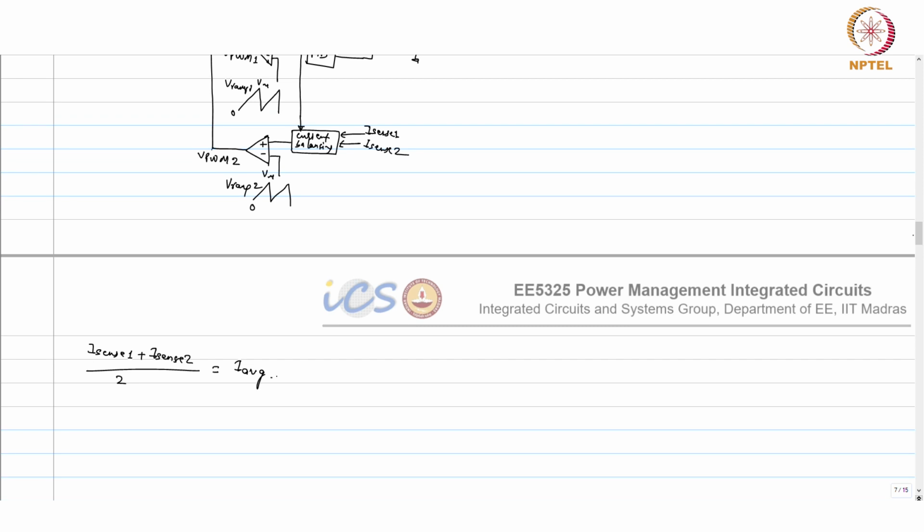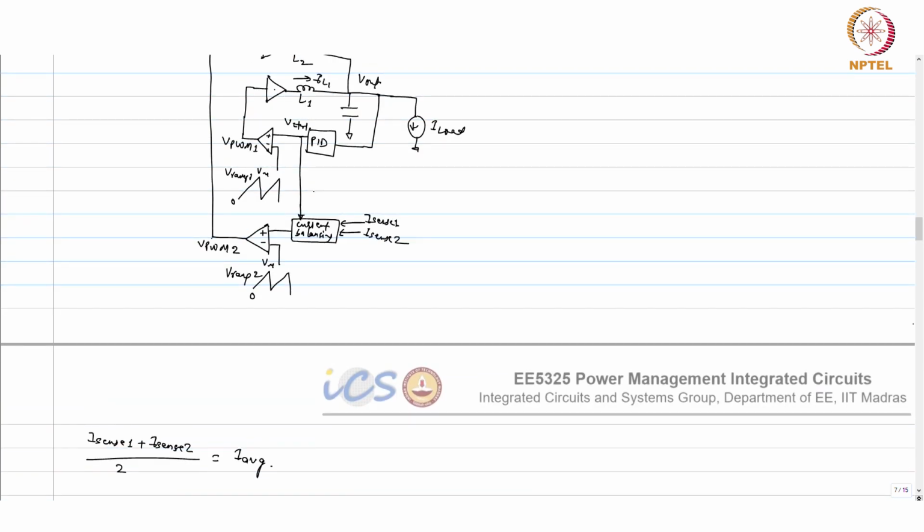So, you compare each current with I average and see if it's higher or lower, and then based on that you decide whether duty cycle needs to be increased or decreased. So, same thing is required. We don't have space here, but same thing is required on the other side also, because you don't know which one needs to be increased or decreased. Okay. So, basically in one side you have to increase, other side you have to decrease.